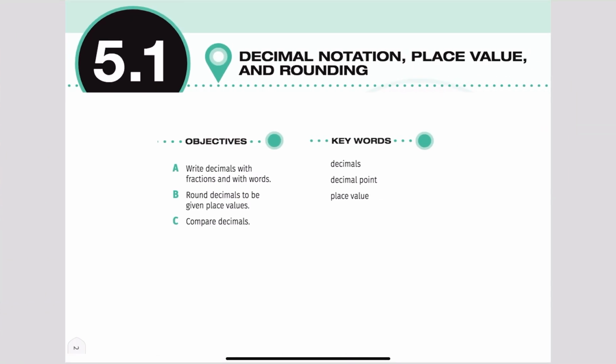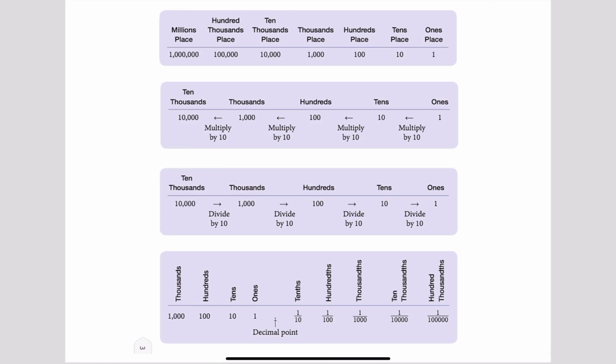In 5.1, we're going to focus on the decimal point, place value, and then rounding numbers. So first, let's remind ourselves about the place values of whole numbers. The very first place that we have is the ones place, and that represents the first whole amount.